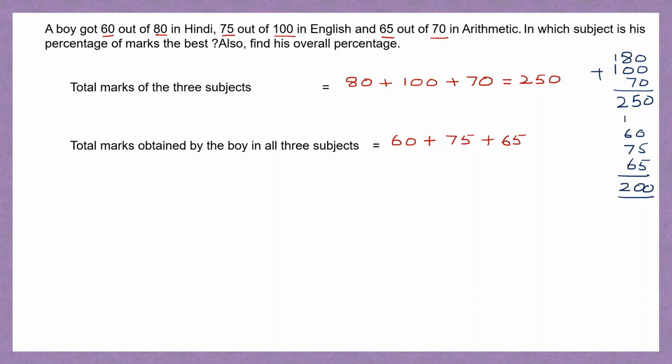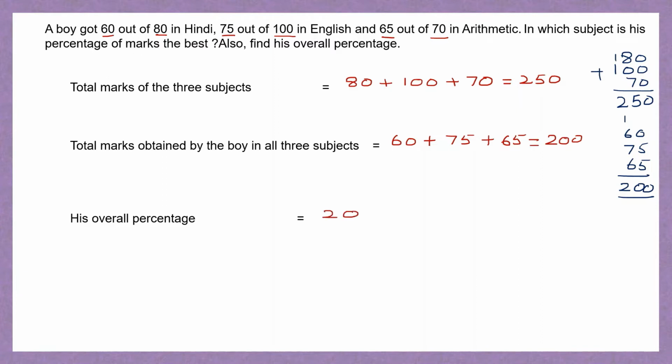So here we have 200. So the marks the boy got is 200. So now we have to find the percentage that he attained, his overall percentage. So how did he get? How much did he score?